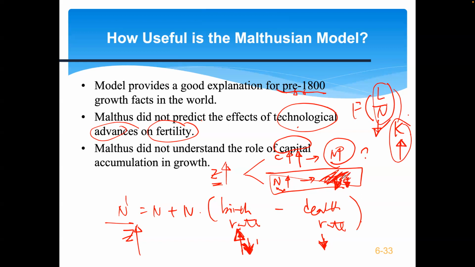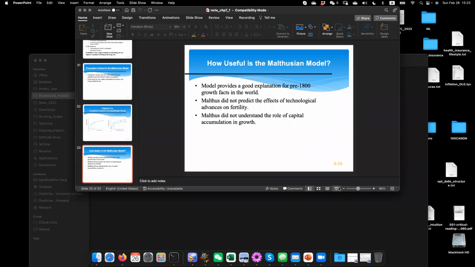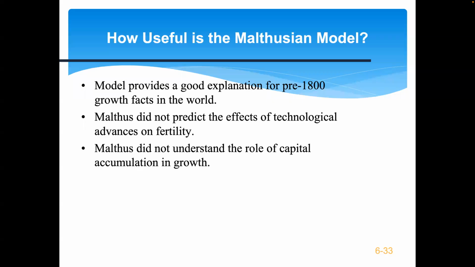so you end up with C not necessarily decreasing, right? This actually happens after the Industrial Revolution. The Industrial Revolution provided us with a new way to produce, which is capital.